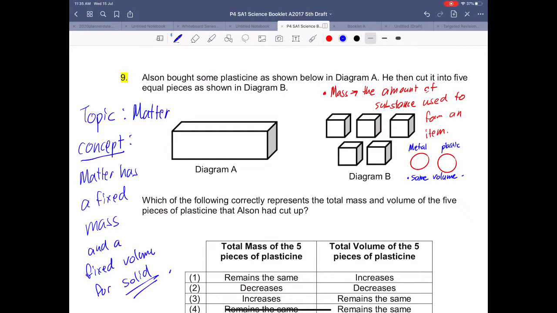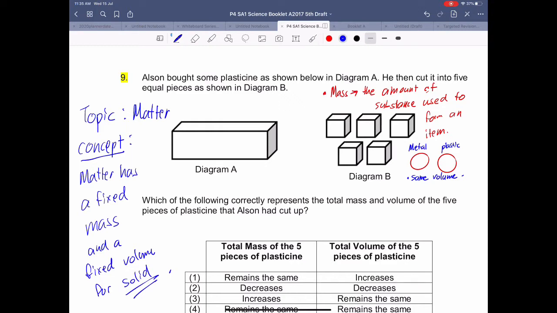When in solid state, you need to understand that both the mass and the volume are fixed. You cannot change that. An example that can be changed for volume would be air.